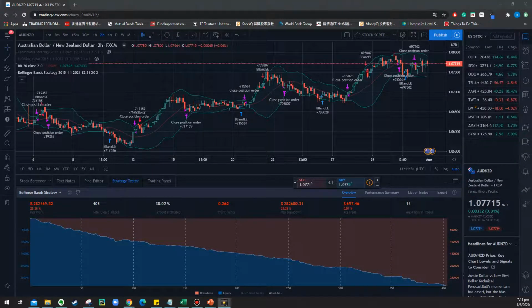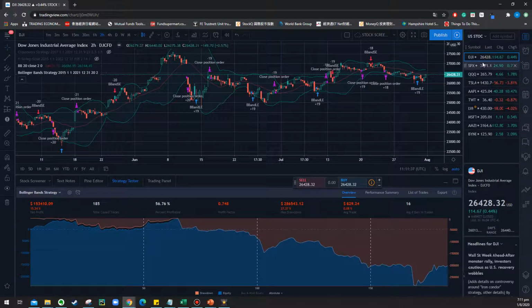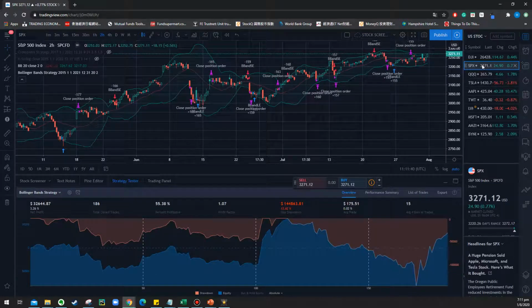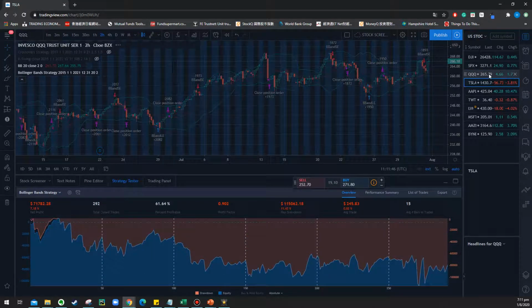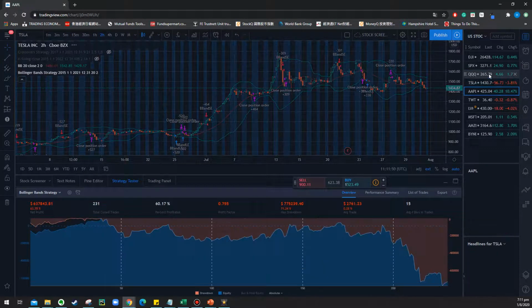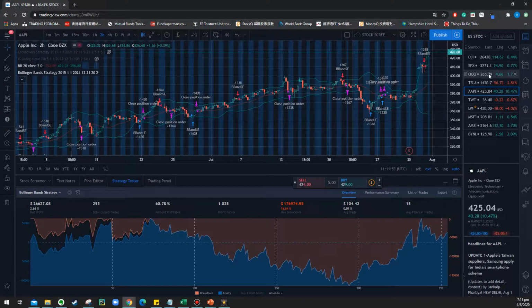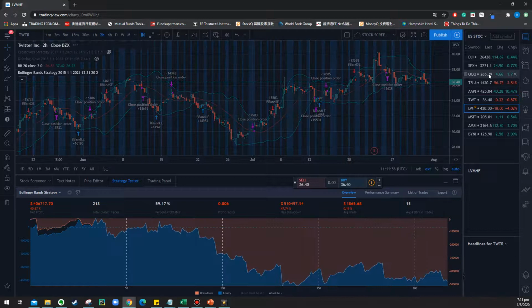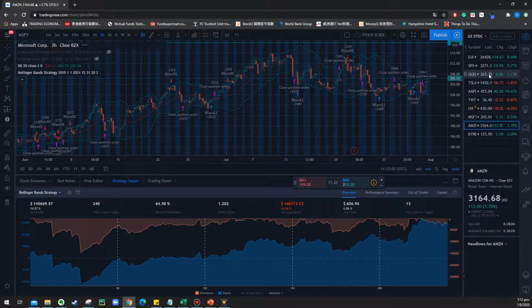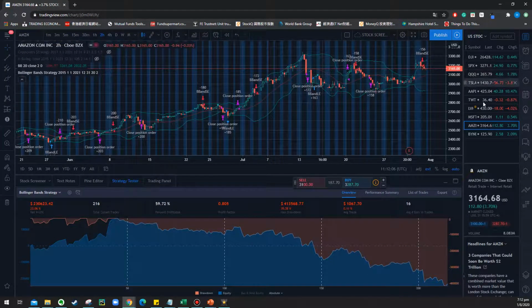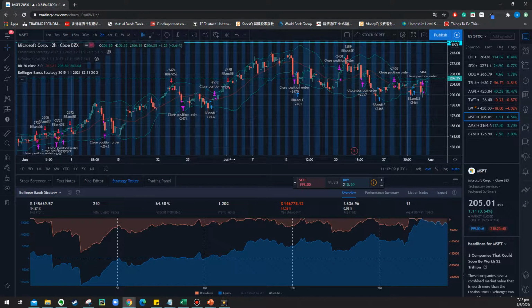Going back to our sample of stocks. Although there are still profitable assets traded by this strategy, the overall performance got worse.